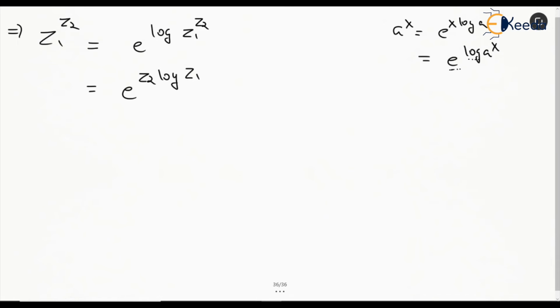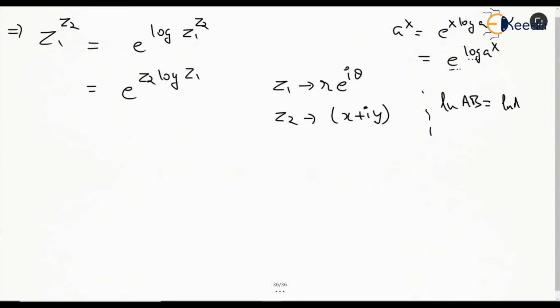Now we can write this z1 in the polar form, let's say r e to the power i theta, and z2 in the rectangular form, let's say x plus i y. Then by the property of log, ln AB will become ln A plus ln B, right?